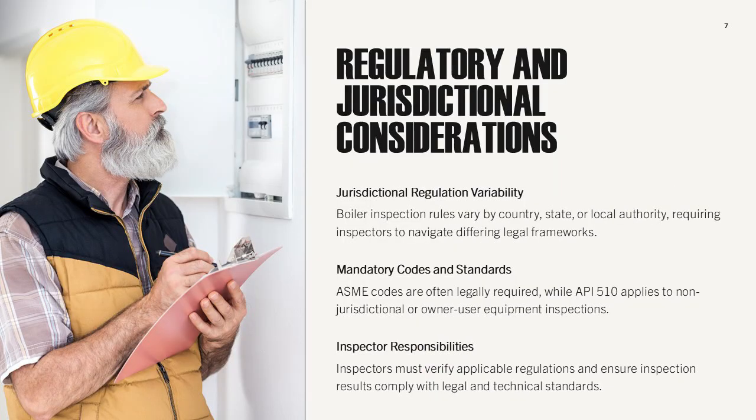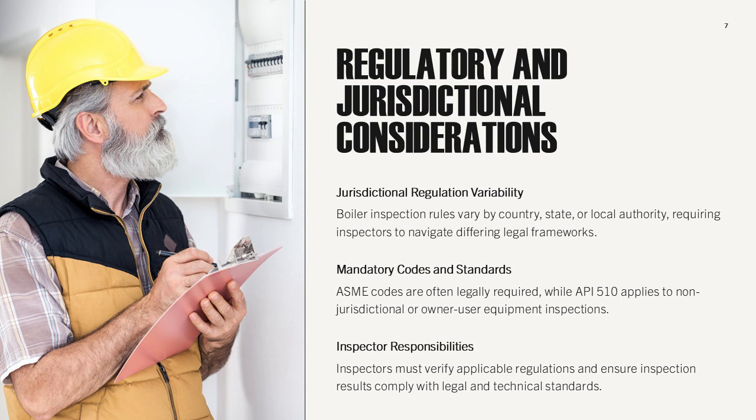Boiler inspections are subject to jurisdictional regulations that may vary by country, state, or local authority. Inspectors must be aware of legal requirements related to inspection frequency, inspector qualifications, documentation, and reporting. In many jurisdictions, ASME construction codes are legally mandated, while API 510 may be adopted for in-service inspection of non-jurisdictional or owner-user equipment.